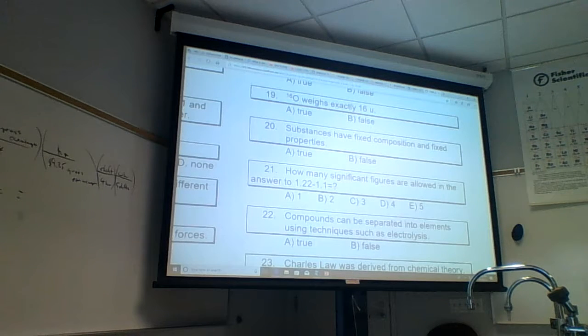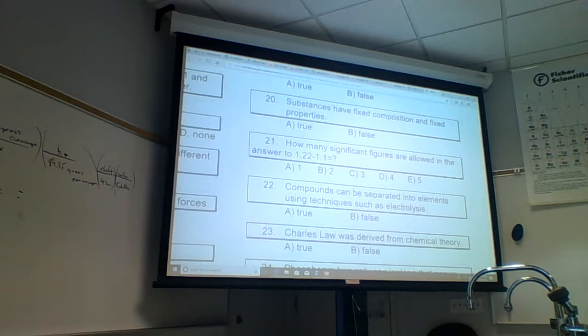Somebody might argue it has variable properties because in Denver, Colorado, does water boil at 100 degrees C? No, but that's elevation. If you go up 5,000 feet in elevation, the properties are the same. So it's got fixed properties. 20 is true.